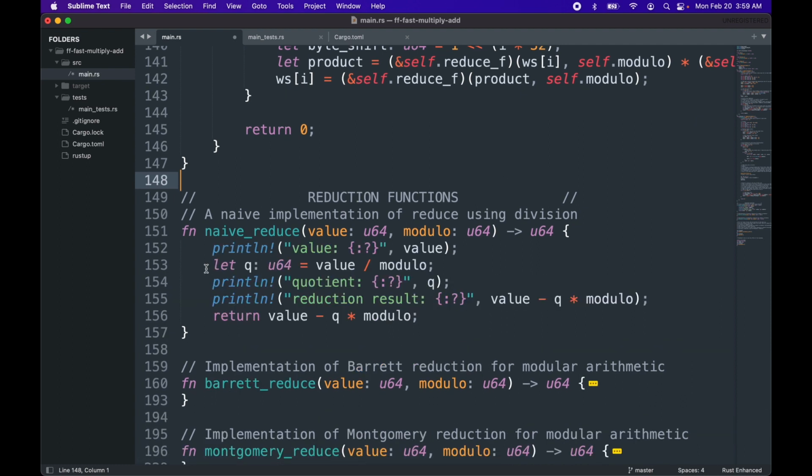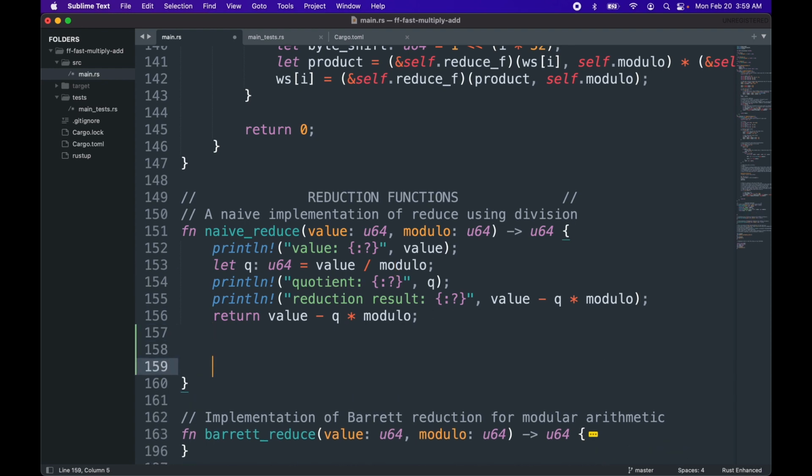This is naive reduction. You get some quotient, with some value and some modulo, and it's just division. Because these are integers, it's taking the floor of it. And then it's fair to say that reducing the value, so let's say you have some number that is larger than the modulo, if I subtract the modulo any number of times until I've gone negative, I am doing something correctly.